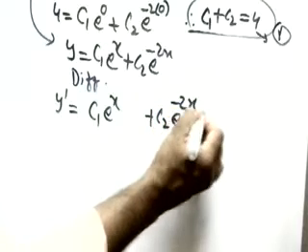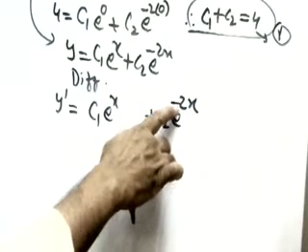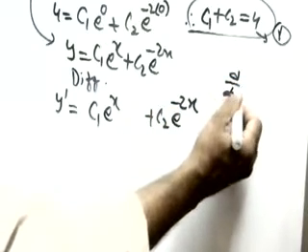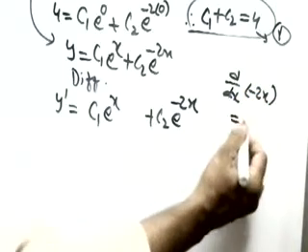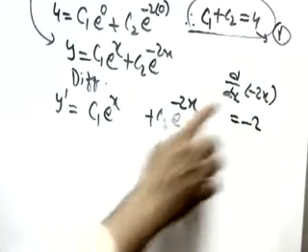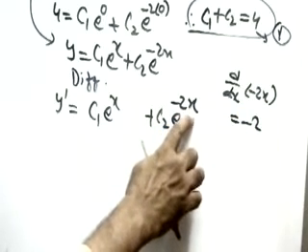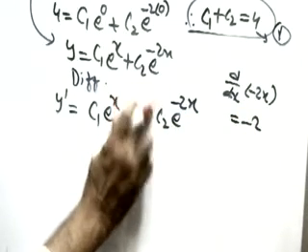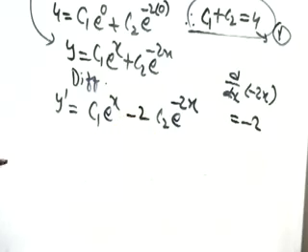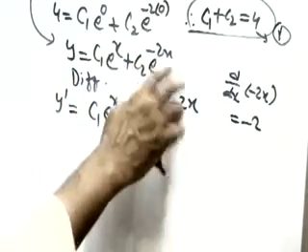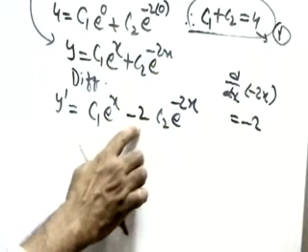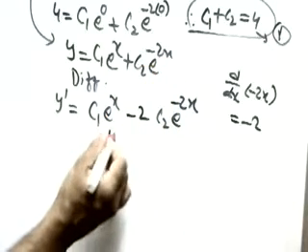Similarly, plus c2. d by dx of e power minus 2x will be e power minus 2x, but again we have to differentiate minus 2x, which gives minus 2. So I'm writing this here, minus 2.